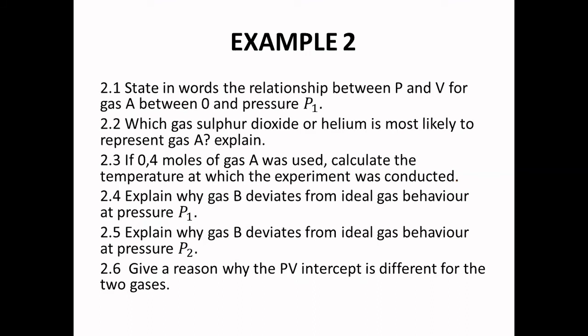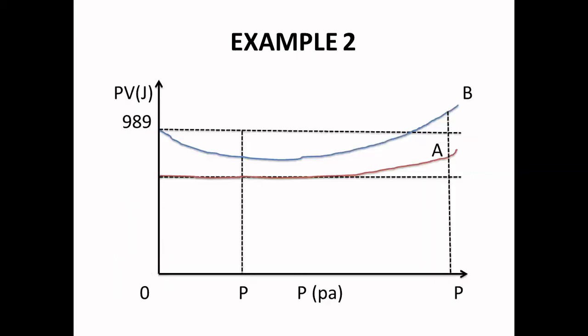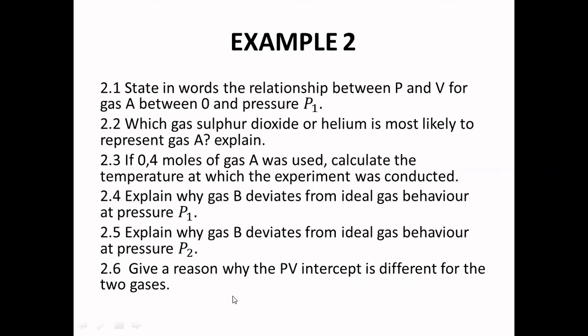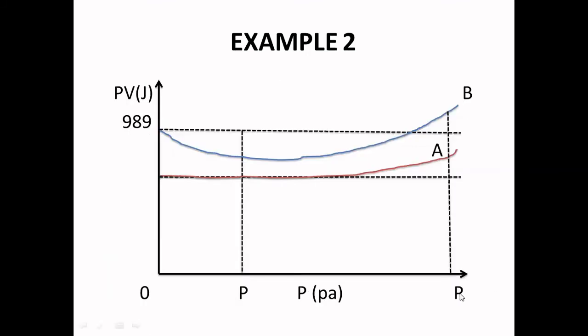First question, state in words the relationship between P and V for gas A between 0 and pressure P1. You can see this is P1, and then we can take this as P2.